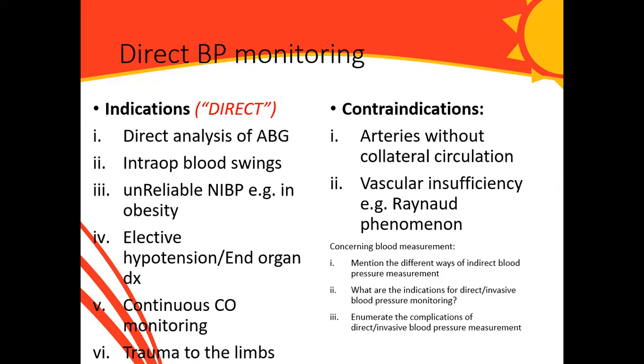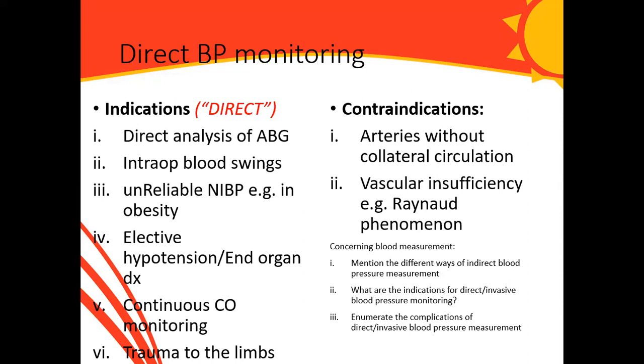You put an A line, which you can also use for direct blood pressure, beat by beat measurements of your blood pressure. When you have large intraoperative blood pressure swings, especially when it has to do with massive blood loss and blood pressure swings very significantly, you want to do a beat by beat measurement of the blood pressure.